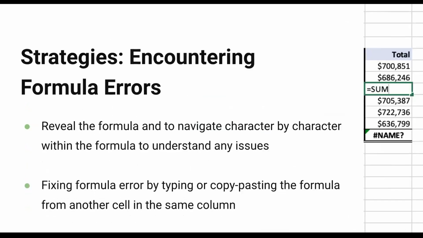The most common strategy used by participants when they encountered an error cell was to reveal the formula and to navigate character by character within the formula to understand any issues. They fixed the formula error by typing or copy-pasting the formula from another cell in the same column.